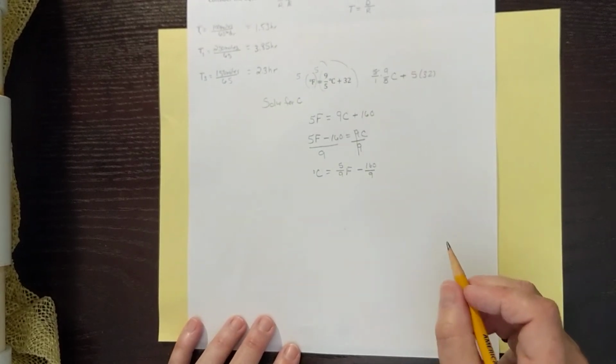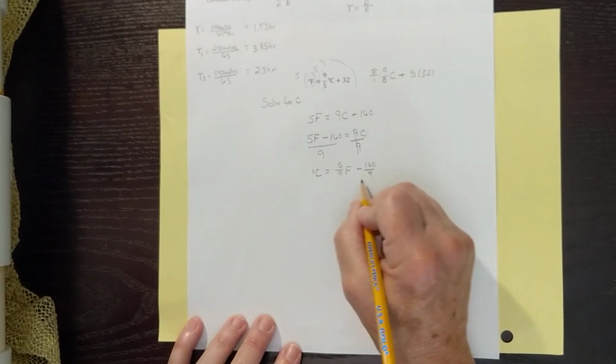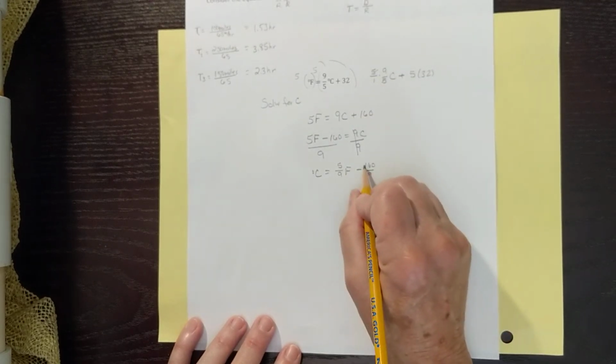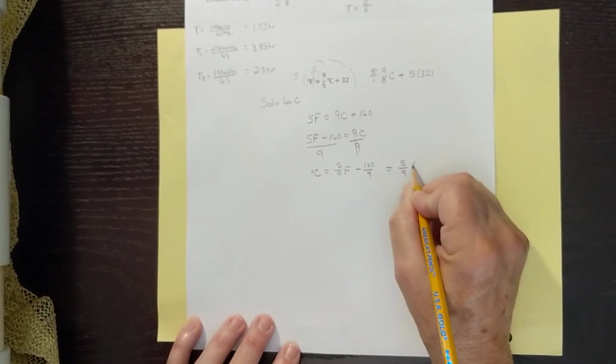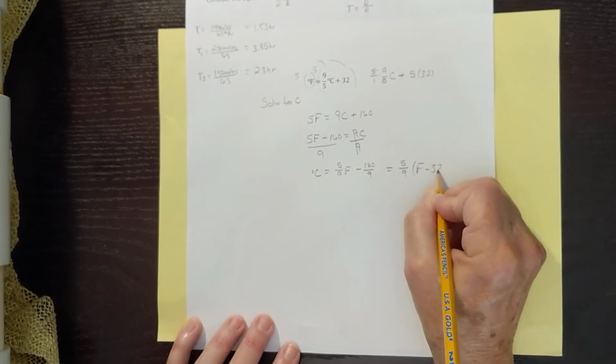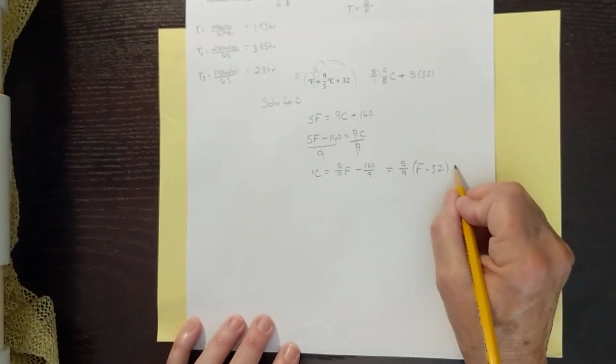That's one version of it. If you want to factor out the 1/9, that's fine. If we factor out a 5 from the 160, you can also write this as 5 over 9 times F minus 32.